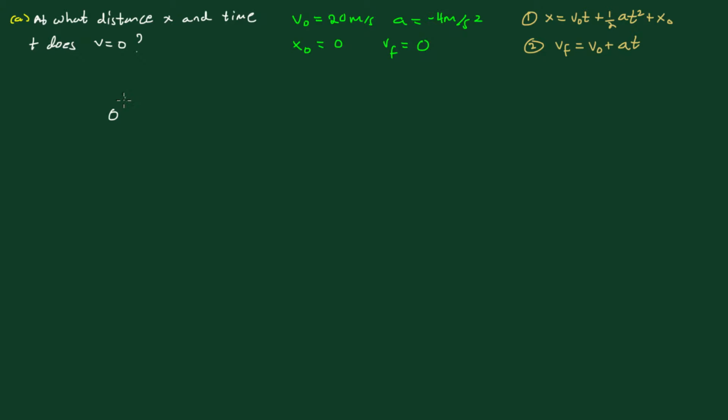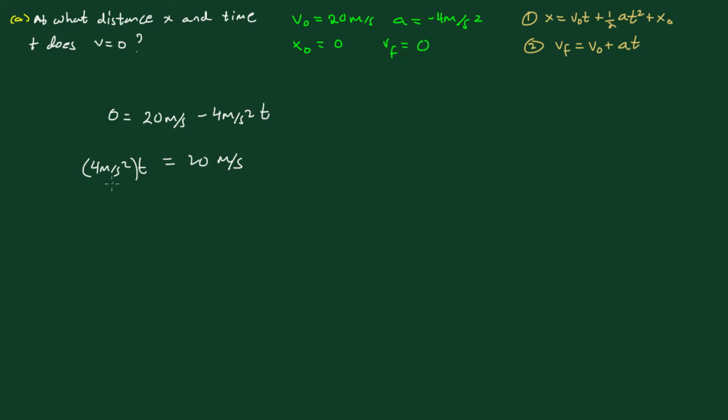So we have 0 is equal to 20 meters per second, and then minus 4 meters per second squared times t, right? 20 here is our v0, and the minus 4 meters per second squared is the acceleration. So over here, I'm going to get 4 meters per second squared times t is equal to 20 meters per second.